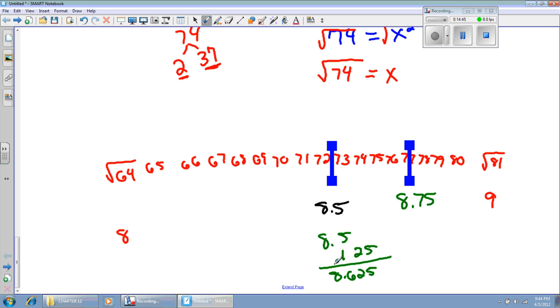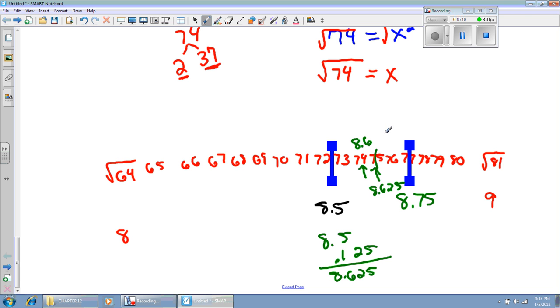So 1, 2, 3, 4, 5, and that makes this 8.625. So 8.6 would be a pretty good estimate.